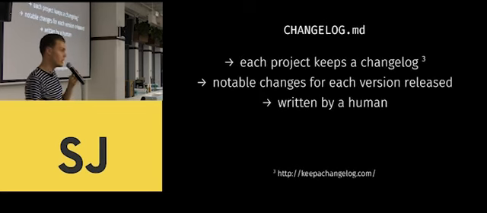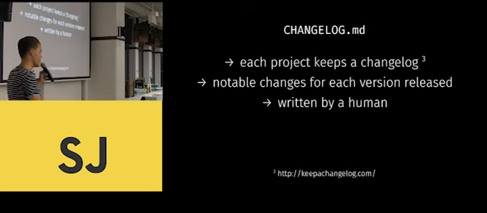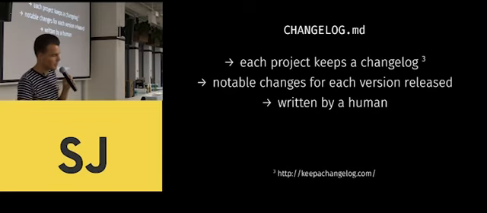One of the things that we do in every component is keep a changelog, and this is important for our next command. Each component that we write keeps a changelog, and that contains all our notable changes for each version that we release of a component. And that changelog is handwritten. We don't rely on git commit messages or anything like that.